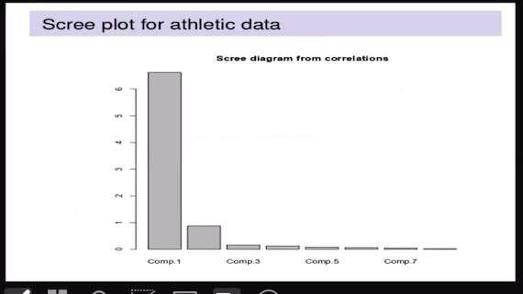I can decide to keep only 1 and 2 based on what I'm seeing. If I don't want to use 3 onward, those are small and look like features with less important contribution. I only want to retain the ones with significant contribution. Take a look at that.